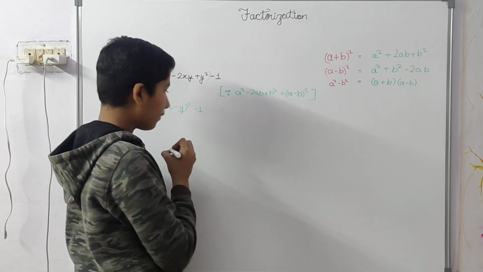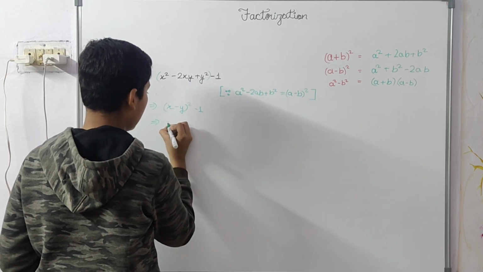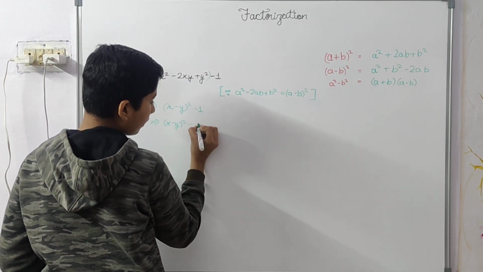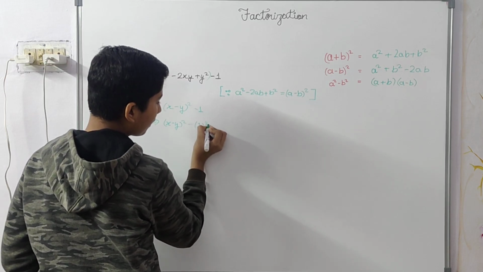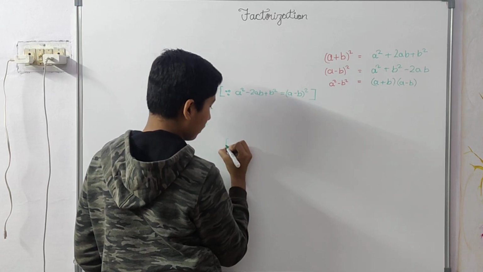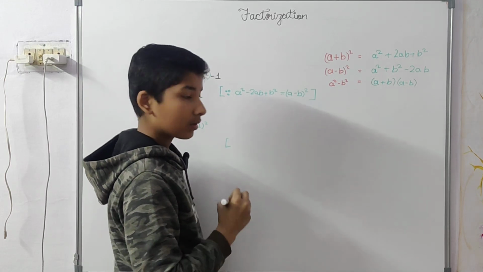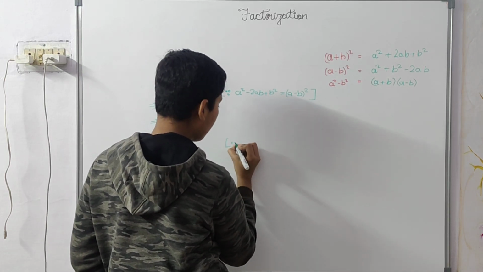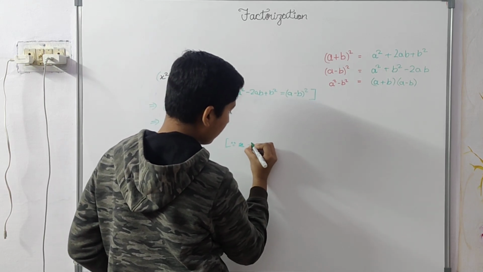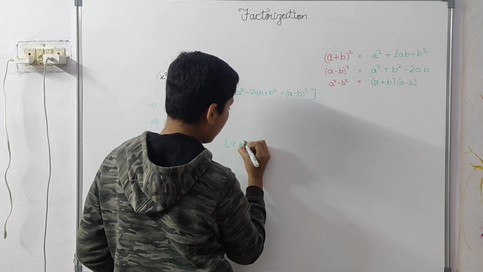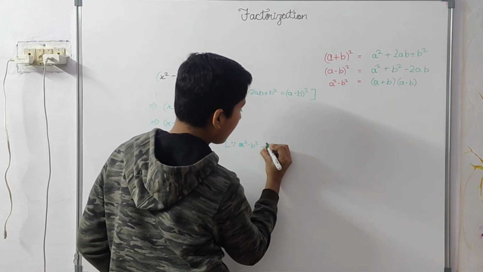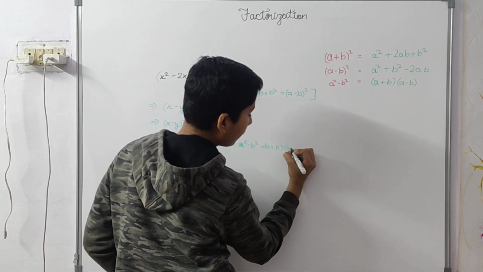1 can be written as what? x minus y whole square minus 1, and 1 is the square of itself. Okay, so we can write it as 1 square. So how will it be? Therefore we know that a square minus b square equal to a plus b multiplied by a minus b.